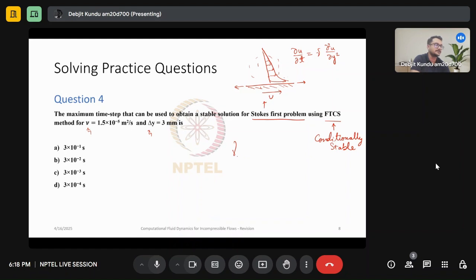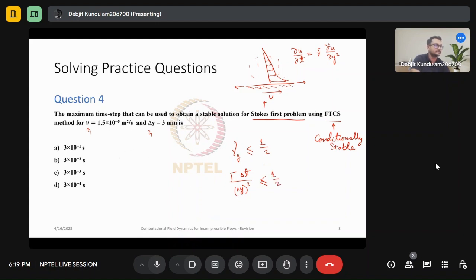where your gamma x or gamma y has to be less than or equal to half, and this gamma can be written as capital gamma, which is the diffusion coefficient, into the time discretization divided by spatial discretization, which has to be less than or equal to half.